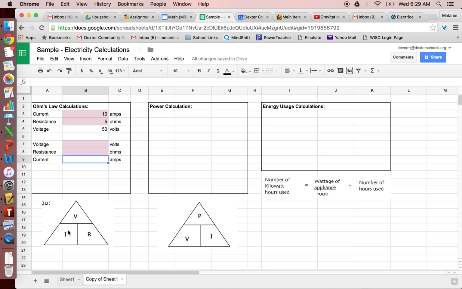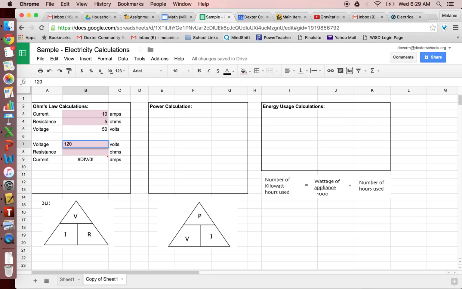If I look down here, the formula for current is voltage divided by resistance. So what goes in this cell is voltage, that's what's in the top box there, divided by resistance. Right now it says error div by 0. There's no number in the resistance box, so this formula is trying to divide by 0.